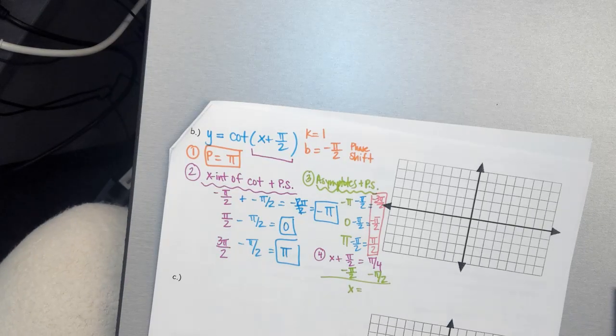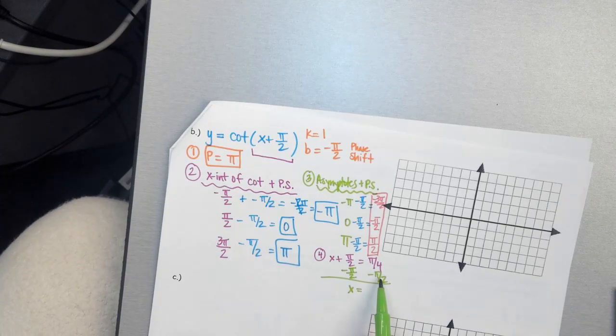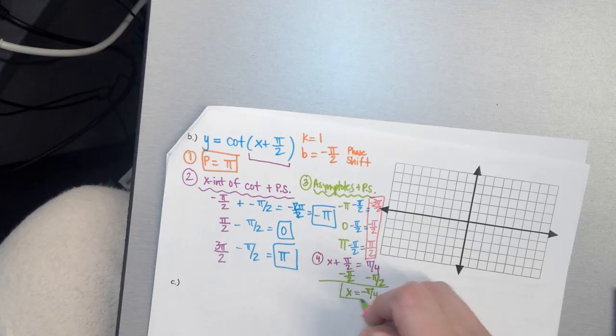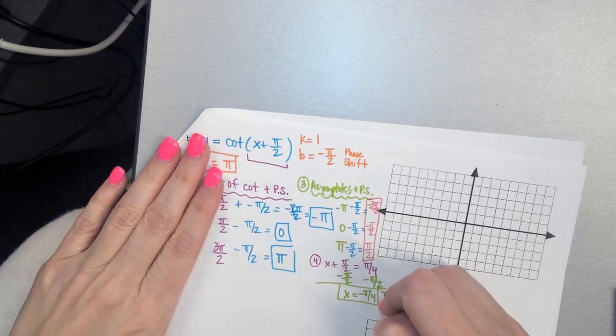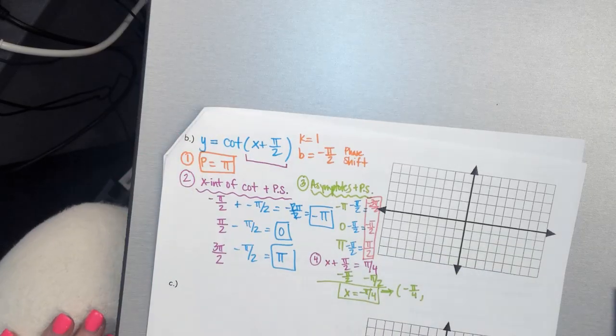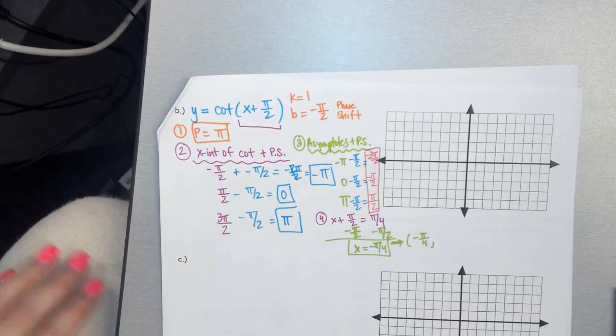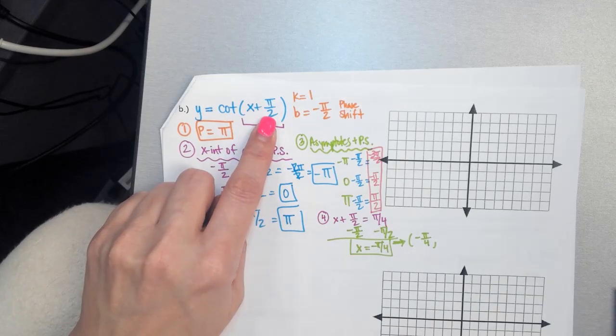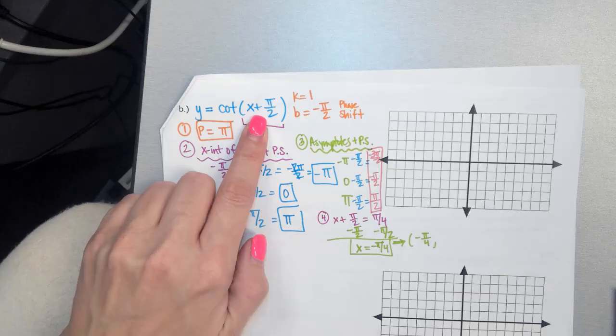You can get a common denominator, times 2 times 2, right? This would be pi minus 2 pi, which would be negative pi over 4. Which means your point is going to be negative pi over 4. And this is how we know this. If I plug in negative pi over 4 plus pi over 2, I get pi over 4. The cotangent of pi over 4 is what?